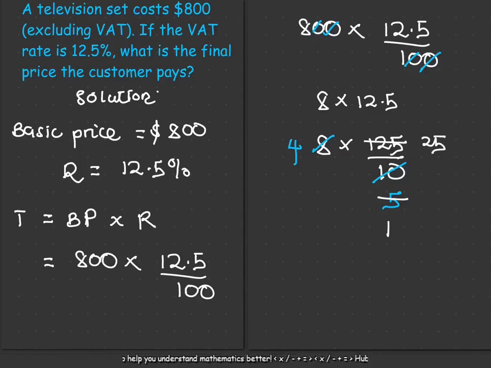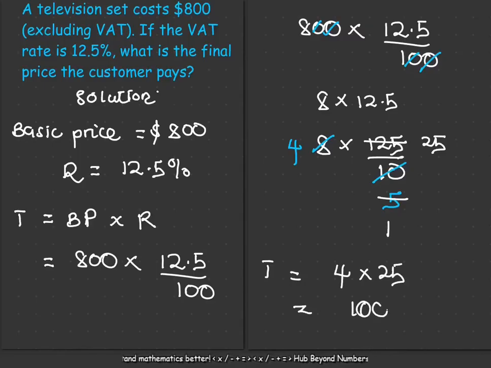So all you are left to do now is to multiply your 4 by your 25, and that gives you your T, which is equal to 4 times 25, which gives us 100. So our T is $100.